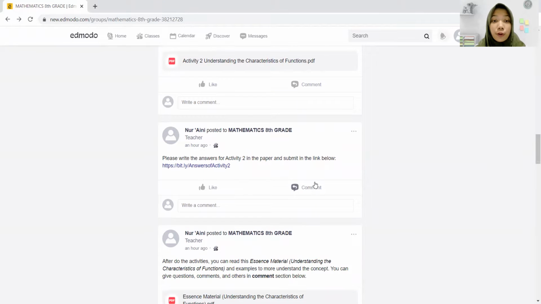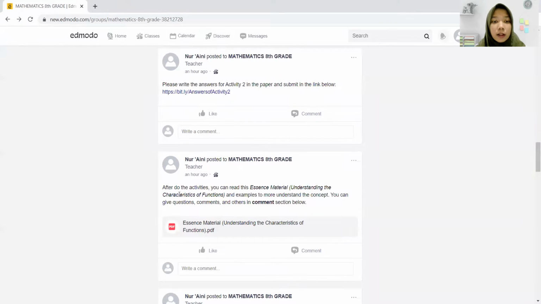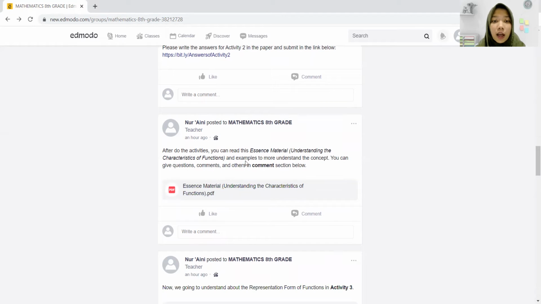Same like before, I provide the link for students submit the answers for activity 2. I ask students to write the answer for activity 2 in the paper and of course submit in the link that I given. After that, students can read the essence material, understanding the characteristics of functions and examples to more understand the concept.